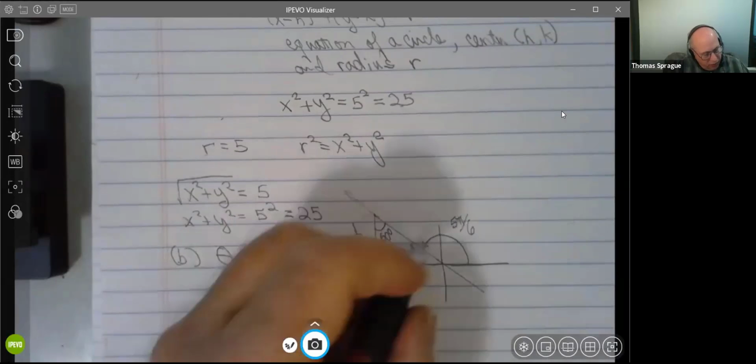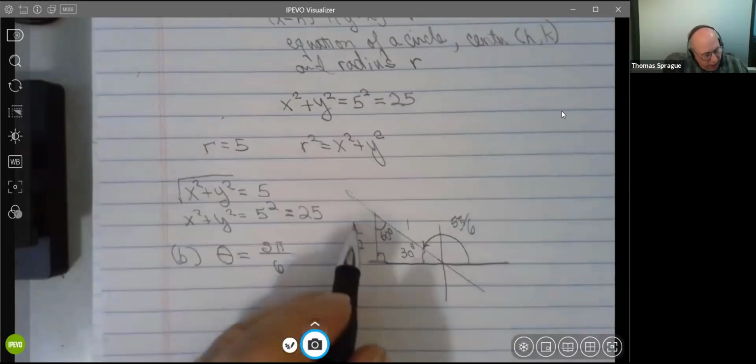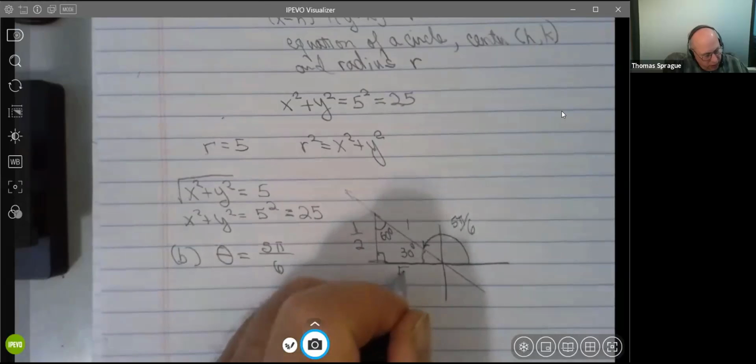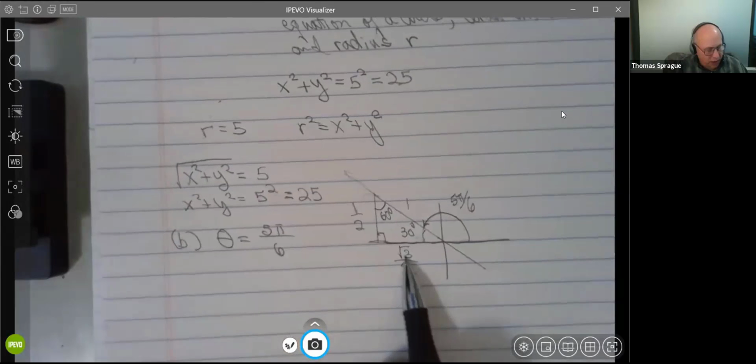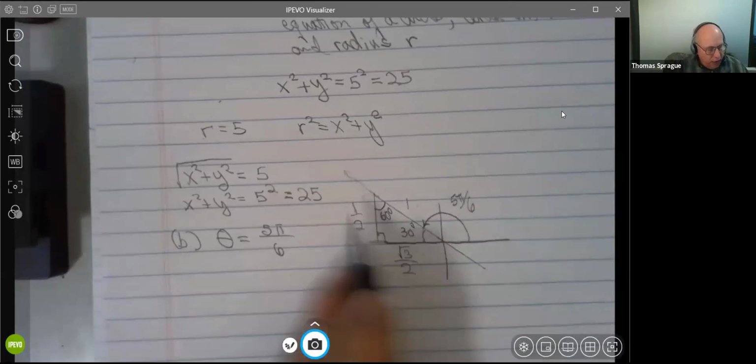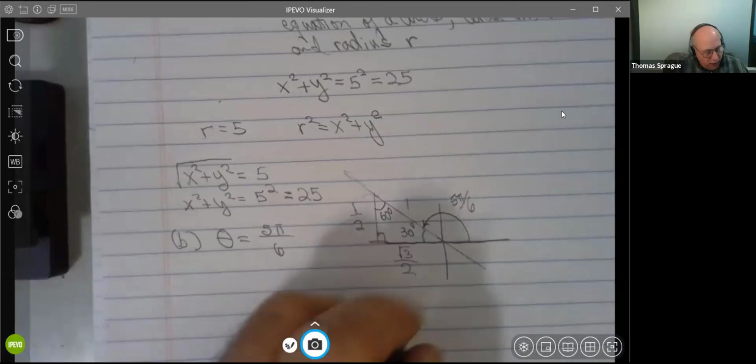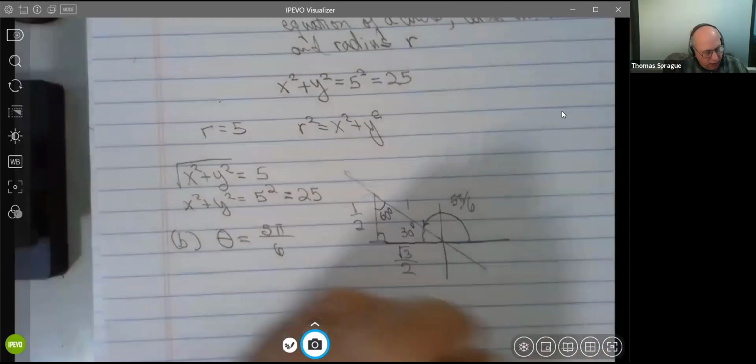So if we make that 1, make this a half, and this is √3/2. Now, if you don't like fractions, of course, you can multiply them all by 2 and say this is √3, this is 2, and that's 2. But it doesn't matter. The only reason I'm doing this is I want to get the slope of this line.